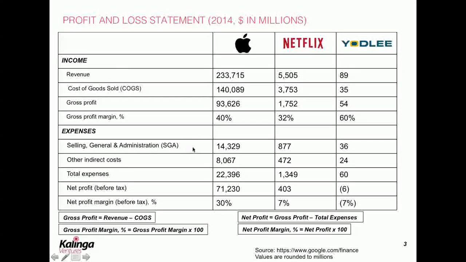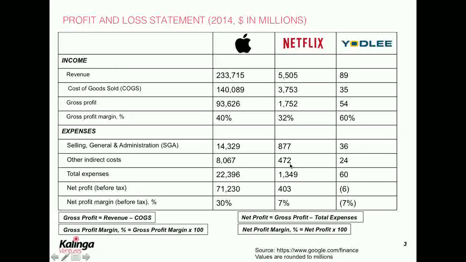In case of expenses, you would have selling, general and administrative expenses. Obviously it would have much higher expenses for Apple and Netflix as compared to Yodlee. The total expenses is SGA plus other indirect costs. So in case of Apple it would be $14 billion plus $8 billion, so it's about $22 billion.